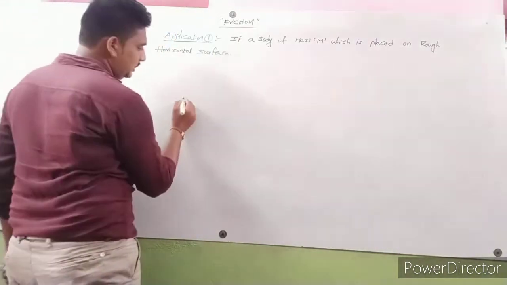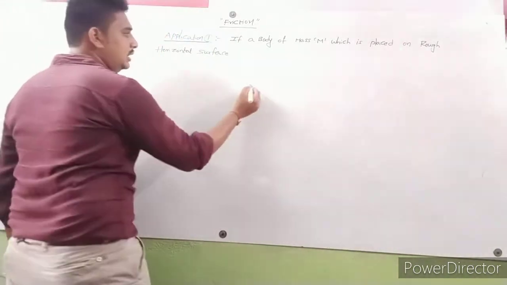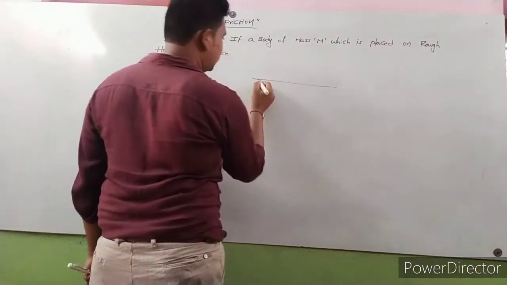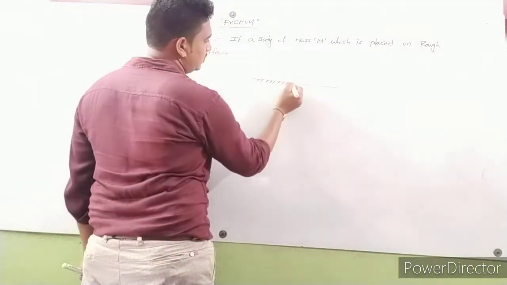So for example, I'll consider this is a rough horizontal surface.